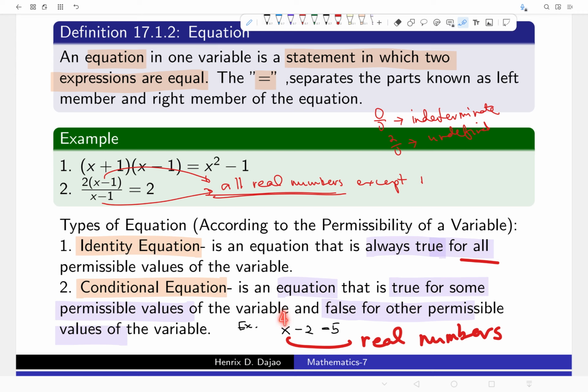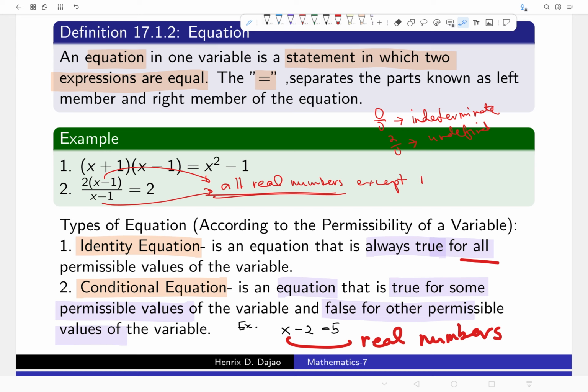Example, if you substitute 4, this becomes 4 minus 2, which becomes 2, which is not equal to 5. So not all permissible values will make our equation true.